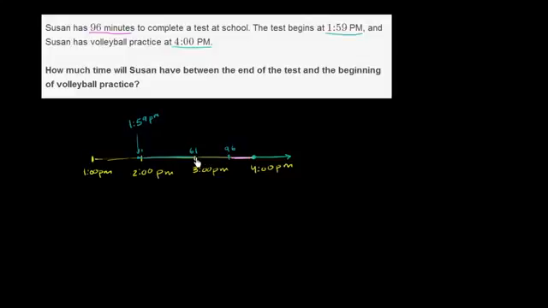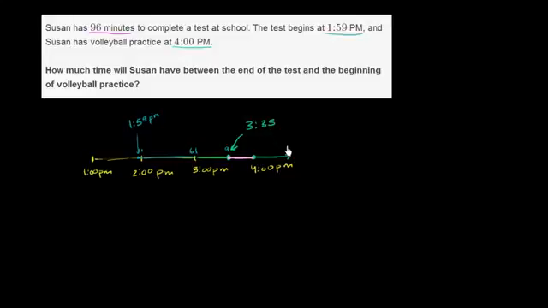So the amount of time that elapses past 3 o'clock is 96 minus 61, which is 35 minutes. So this right over here is going to be 3:35.